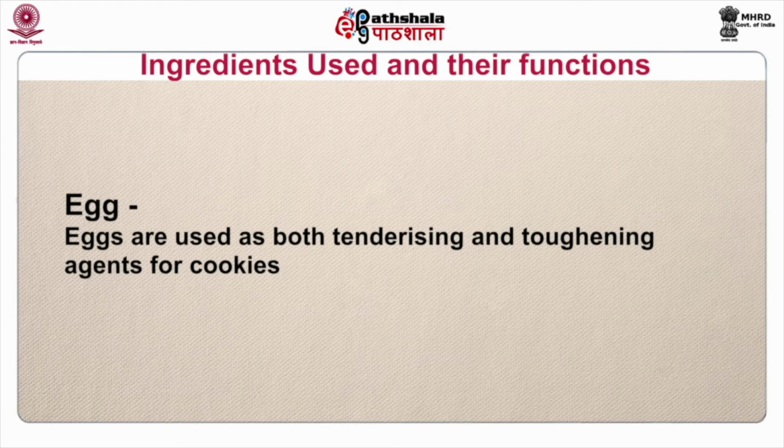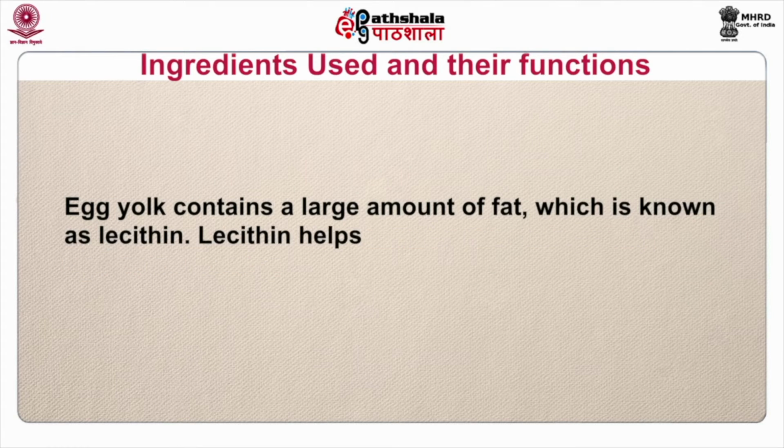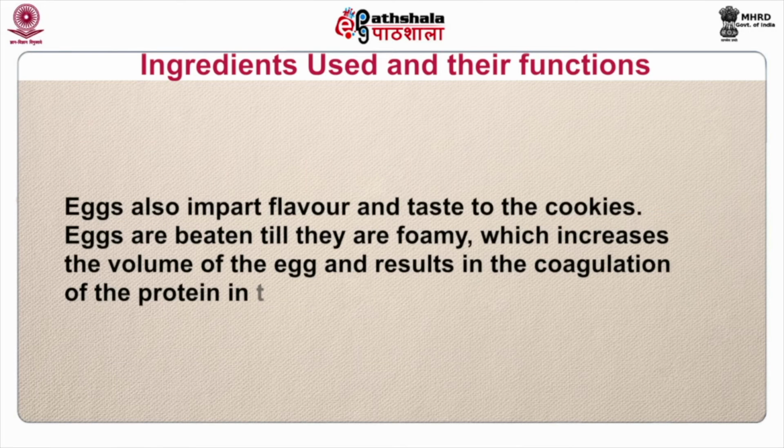Egg. Eggs are used as both tenderizing and toughening agents for cookies. Egg yolk contains a large amount of fat which is known as lecithin. Lecithin helps to tenderize the cookies. Eggs also impart flavor and taste to the cookies.